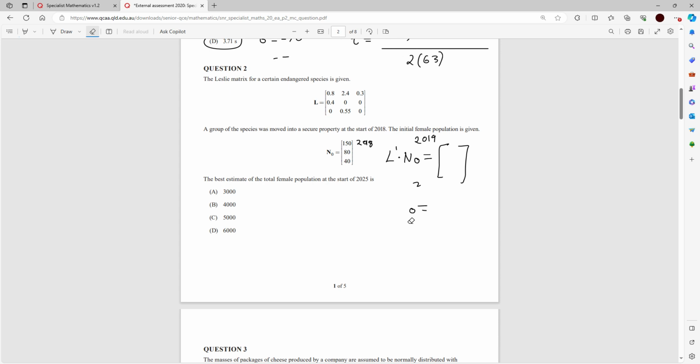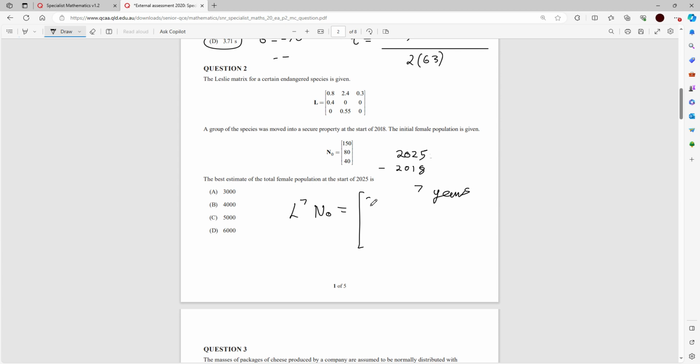So we need to work out how many years have passed. In other words, 2018 to 2025. So it's going to be 2025 minus 2018, and we can see that's 7 years. So if I go L to the power of 7 times N0, that will give me the population at the start of 2025. Now, if you put this into your calculator, you should get the following numbers.